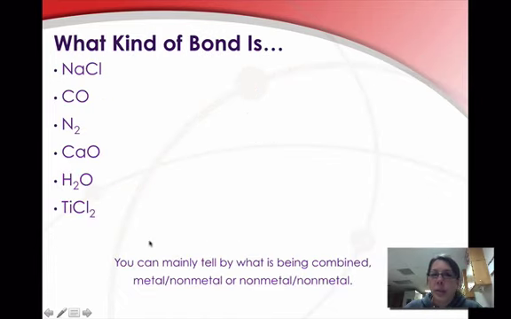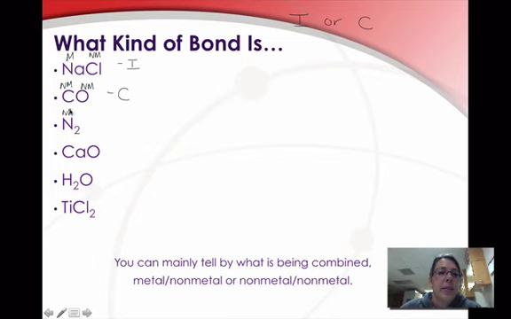And then if we want to practice, what type of bond is this? If I look between sodium and chlorine, sodium is a metal, chlorine is a nonmetal. Metal and nonmetal, ionic. And we're just going to label things as ionic or covalent. We don't have to split covalent into covalent and polar covalent. Carbon is a nonmetal. Oxygen is a nonmetal. So two nonmetals makes that covalent.